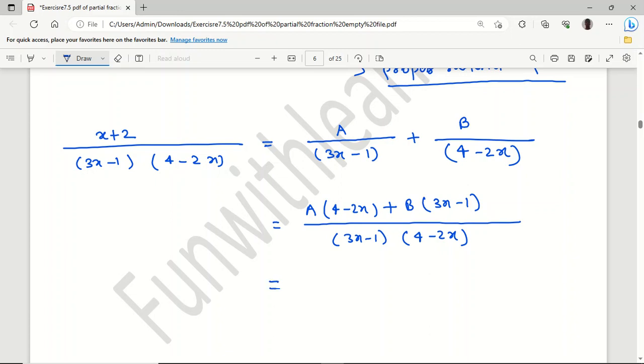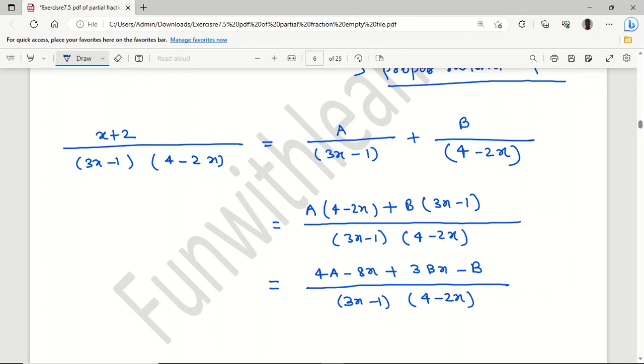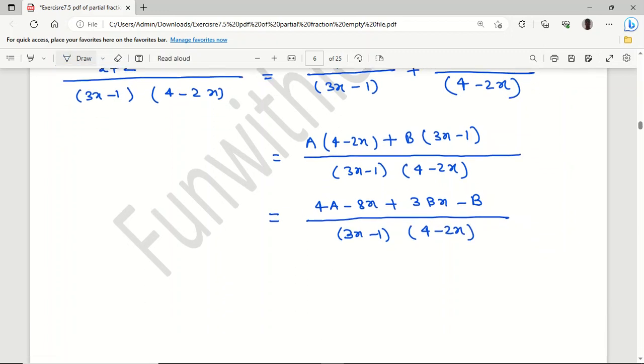So right now I can write 4A minus 8x plus 3Bx minus B upon 3x minus 1 into 4 minus 2x. Further we can simplify it, but I am leaving it. Now I am comparing both sides.